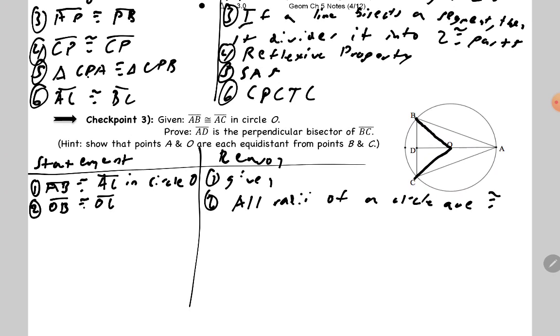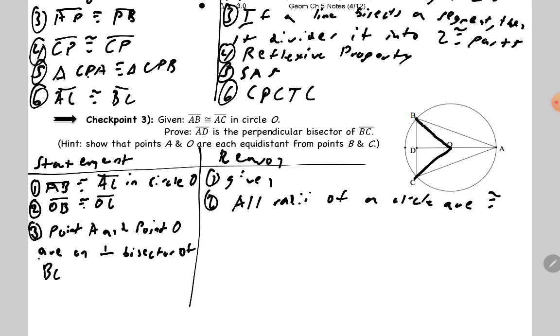And I'm going to say point A and point O are on a perpendicular bisector of BC. And why?